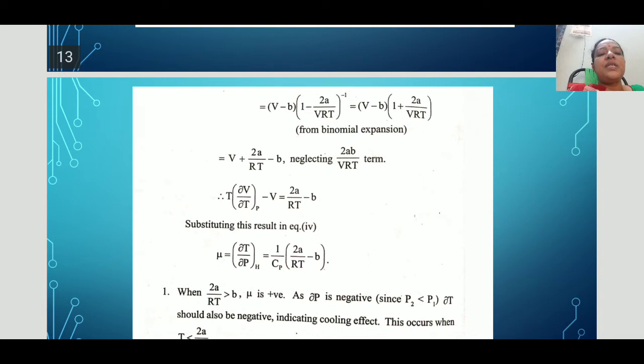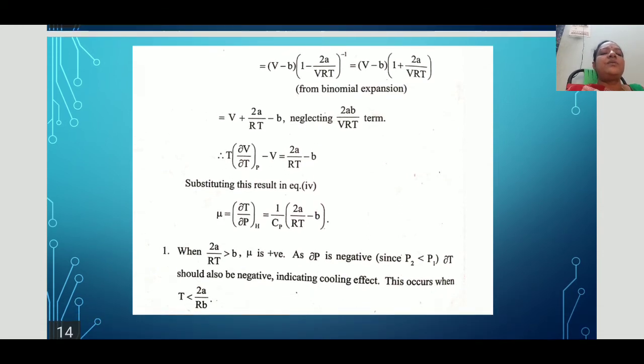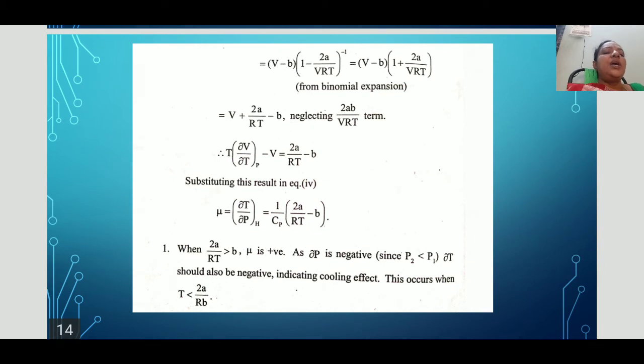Just substitute this value in the JK effect equation: we get μ = (∂T/∂P) at constant H, means μ = 1/Cp. In place of this total term T(∂v/∂T) at constant P minus v, we are substituting 2a/RT − b. So this is the JK coefficient for van der Waals gas.